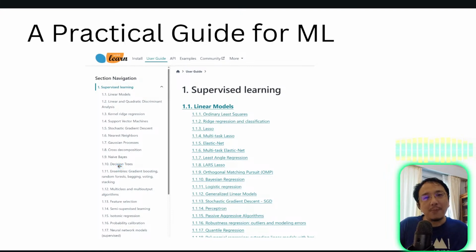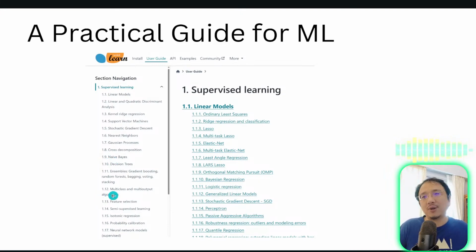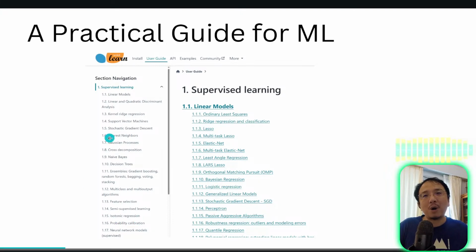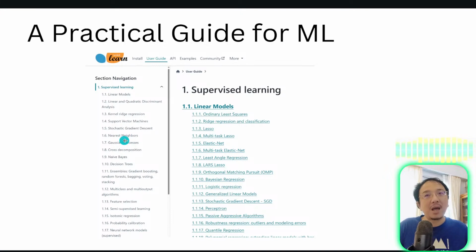For the topics you are interested in, just go to the corresponding chapter or section, and you can find a lot of different things. Look around the topics you are interested in. You will probably find some topics you overlooked that are useful for your problem. You just didn't know about them. So this is a very good guide for machine learning.